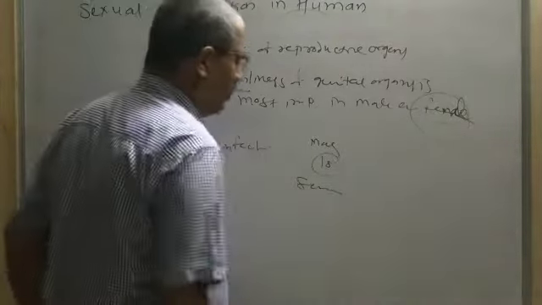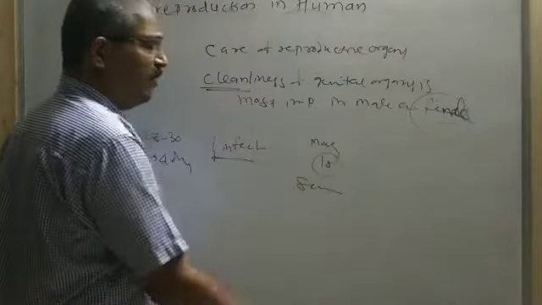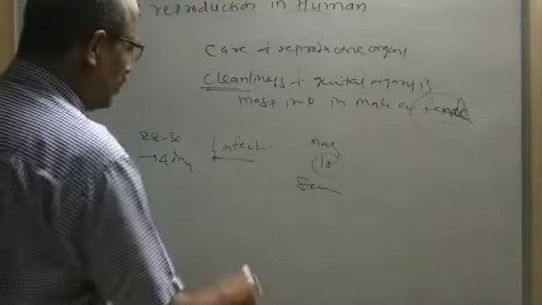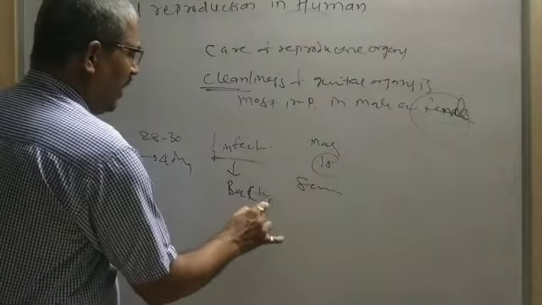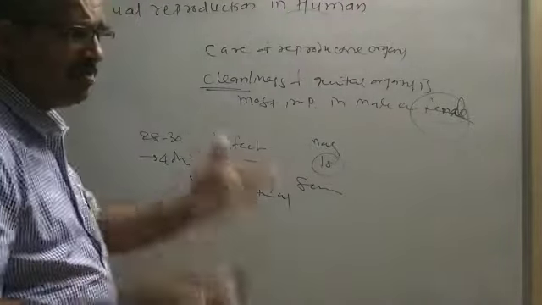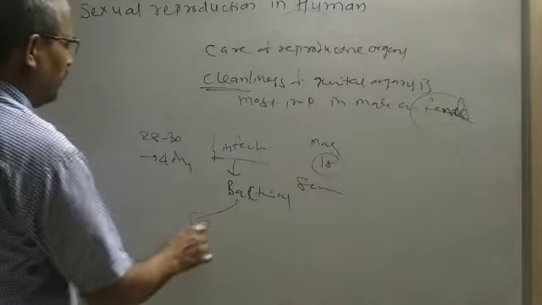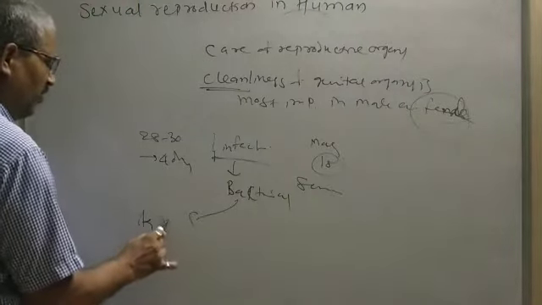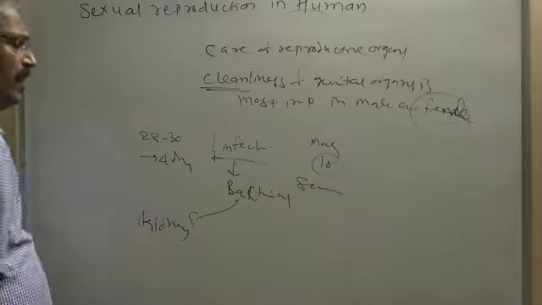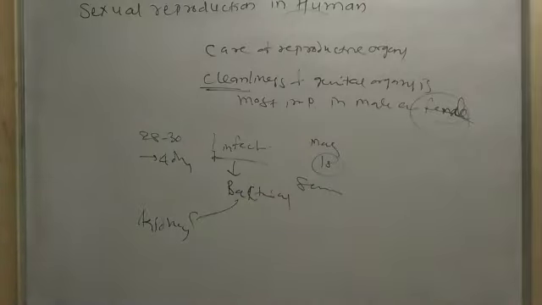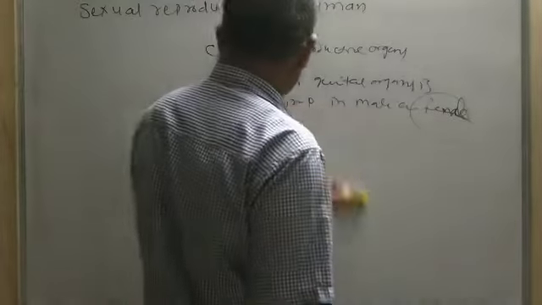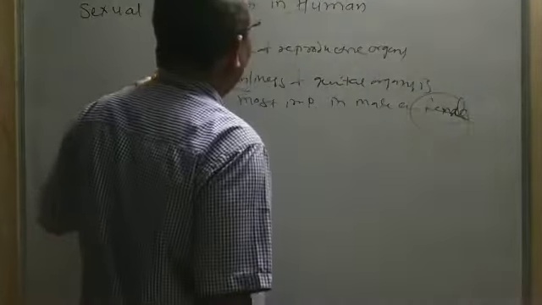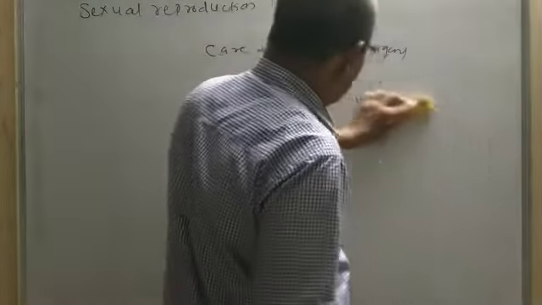If it is not washed, what happens? Infection takes place, and this infection is always a bacterial infection. If this bacterial infection increases, it can even affect the kidney, and therefore we should take a lot of care about the health of our genital organs.